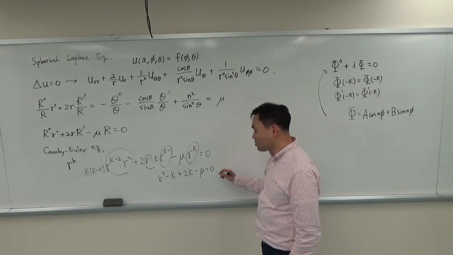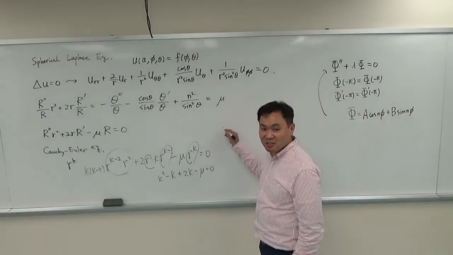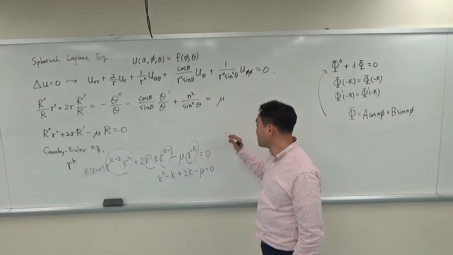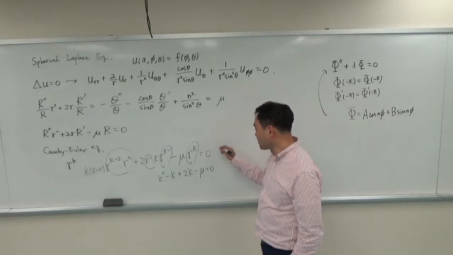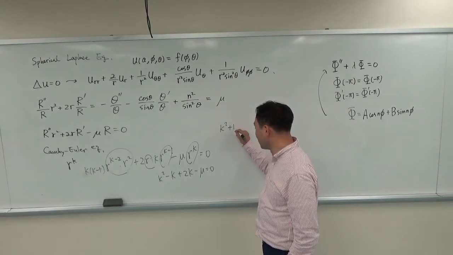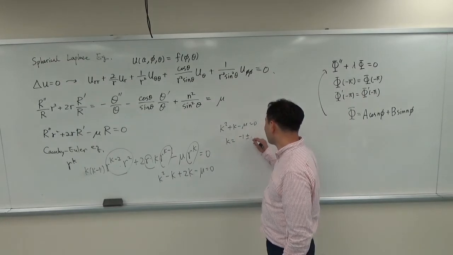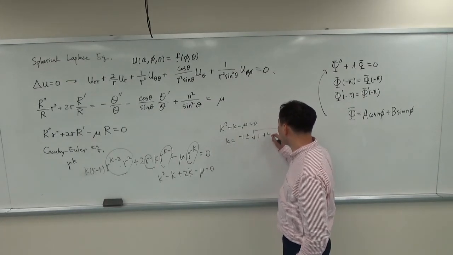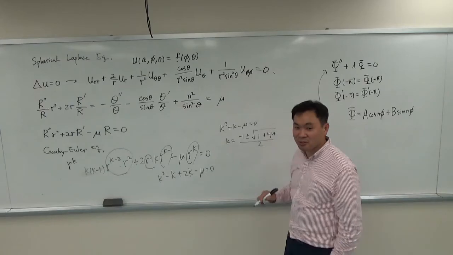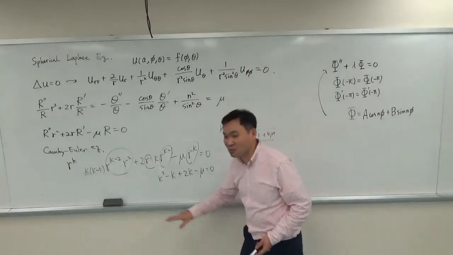But to solve this, you end up using the quadratic formula, and it's not pleasant, right? It's k squared plus k minus mu equals 0, and you get k equals negative 1 plus or minus the square root of 1 plus 4 mu, over 2, something like this. It's really hard, right?